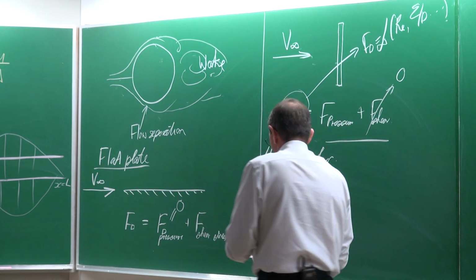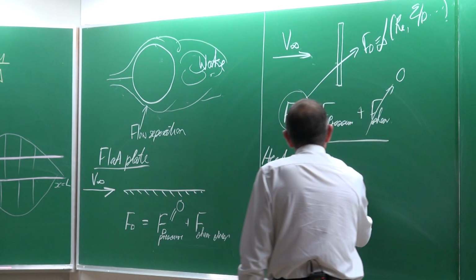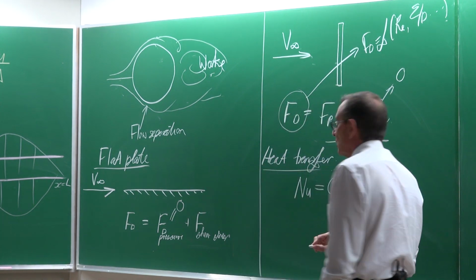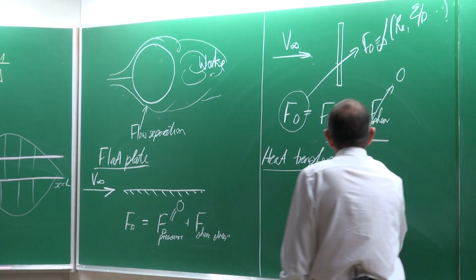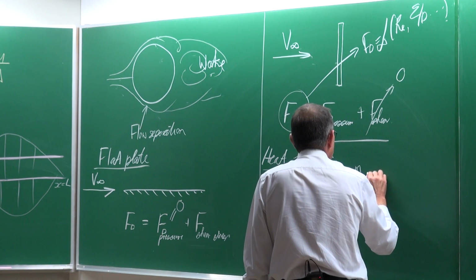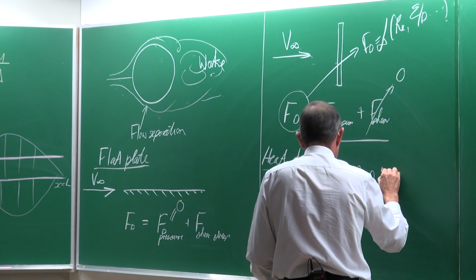We want to get the Nusselt number. And the Nusselt number is always equal to a constant multiplied by Reynolds to the m and Prandtl to the n.